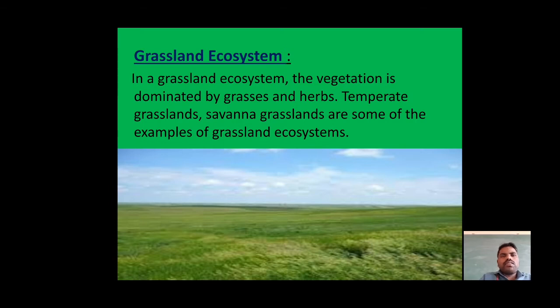Next one, the grassland ecosystem. Examples are savanna grasslands and temperate grasslands. Here the vegetation is dominated by grasses and herbs. Just remember this: examples of the grassland ecosystem are savanna grasslands and temperate grasslands.